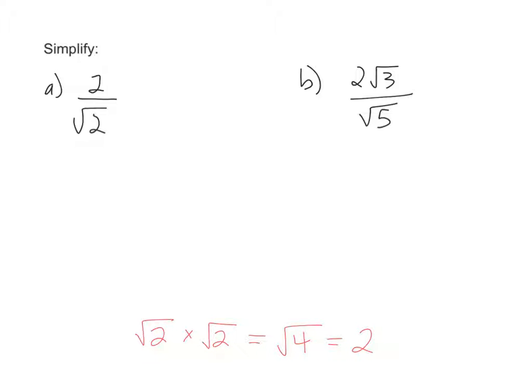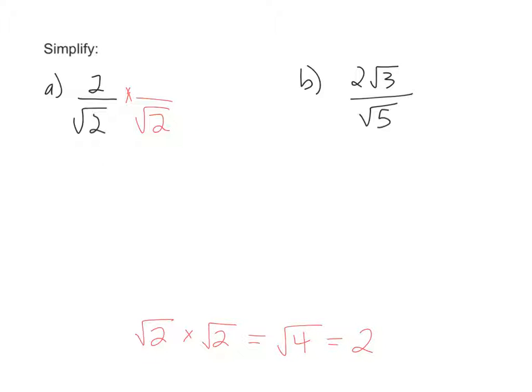And so in this question, 2 divided by root 2, to simplify it, I want to multiply that denominator by root 2, so that it'll turn into a root 4 or a 2. But is it okay to just randomly do that?